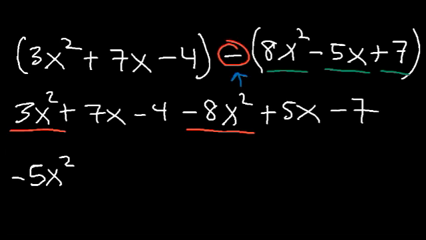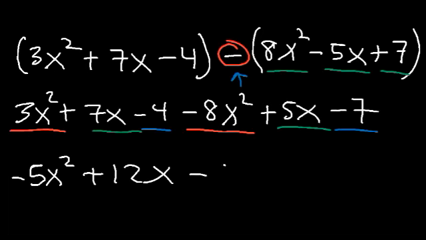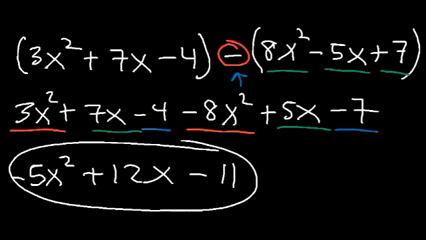So it's negative 5x squared. 7x plus 5x. 7 plus 5 is 12. So it's 12x. Negative 4 plus negative 7 is the same as negative 4 minus 7, which is negative 11. And so that's how you can add or subtract polynomials.